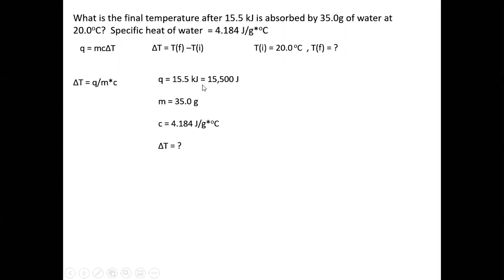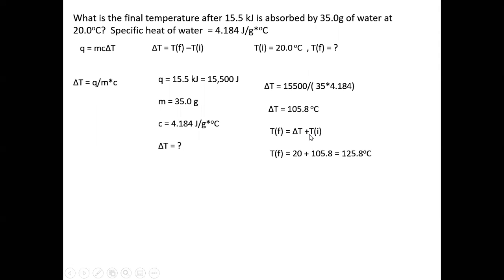The Q needs to be in joules, so we multiply by 1,000 to get it in joules, and of course we have the mass and the specific heat. Now we can solve for delta T. We get delta T to be 105.8 degrees Celsius. We add this to T initial, and we get the final temperature of 125.8 degrees Celsius. That would be the final temperature of the water.